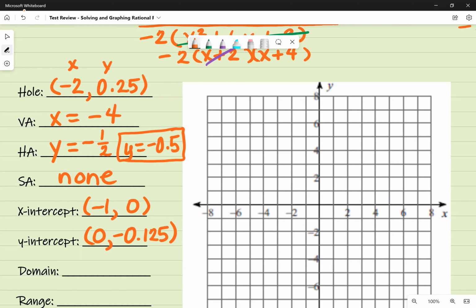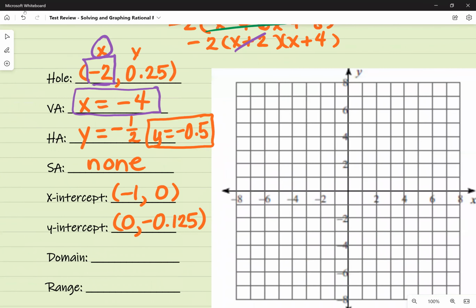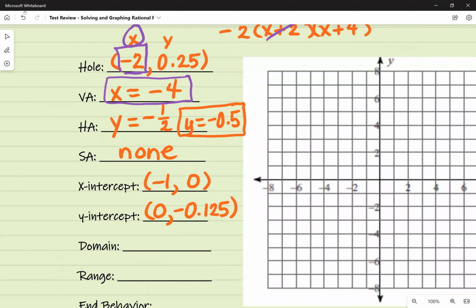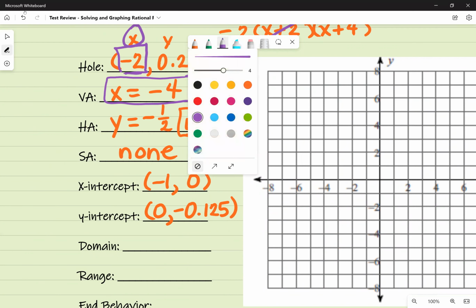Now, for my domain, I told you this in another video. Domain are your x values. So I'm going to look at everything that is identified as x. So this is an x, and this is an x. So my domain is going to be all real numbers except those, because those are restricted areas. So the way I would write it is, well, we'll leave it as purple, so that when I do my range, we'll use a different color.